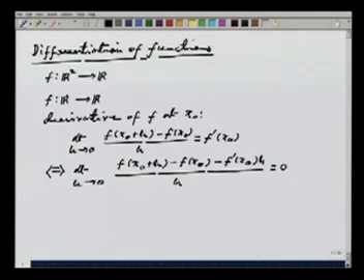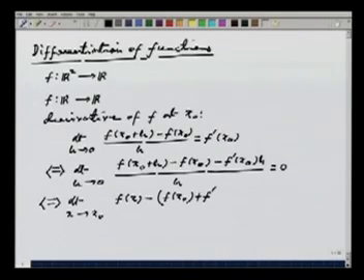Okay? An equivalent expression again is the limit as x goes to x0 of f of x minus f of x0 plus f prime x0 times x minus x0, this whole thing divided by x minus x0, is equal to 0.